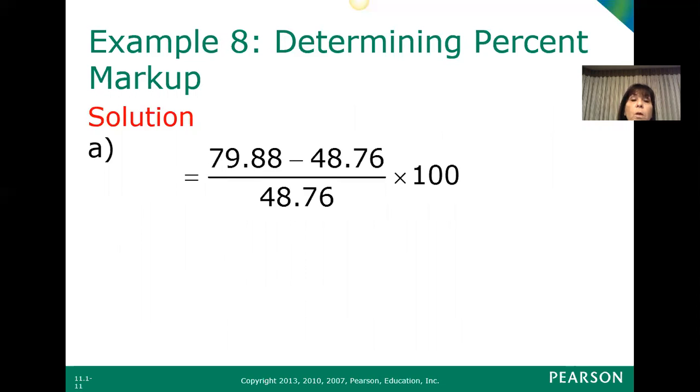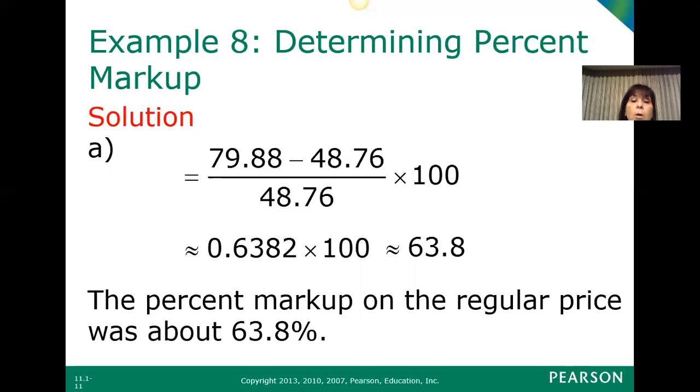So for the first one, the regular price was $79.88 minus the dealer's cost divided by the dealer's cost. Again, just to recap that formula, you're taking the new amount minus the original amount divided by the original amount and then multiplying that by 100. So again, looking at the math, we get 0.676382 times the 100, and that's a 63.8% markup. So again, don't forget to put the percent sign on.